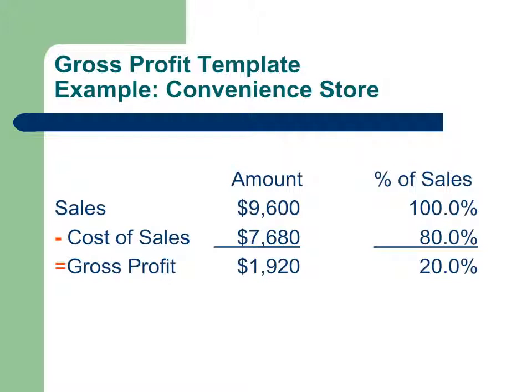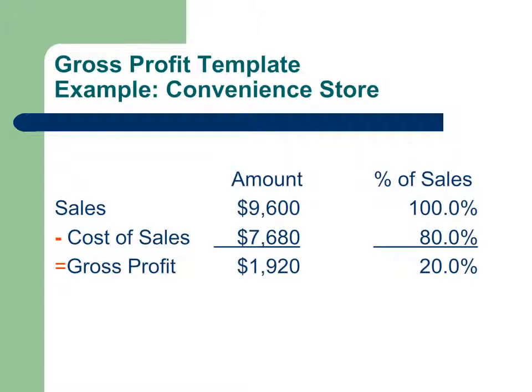Basic math can always be checked by calculating the problem in reverse. Subtraction can be verified by addition. For instance, 9,600 minus 7,680 equals 1,920, or 1,920 plus 7,680 equals 9,600.